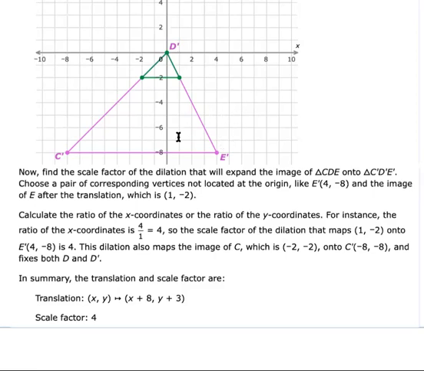I'm sorry, not 9, I meant 12, 12 and 3. So let's write that out. That's the same as 4 over 1, which is equal to 4. So my scale factor on that problem is going to be 4.